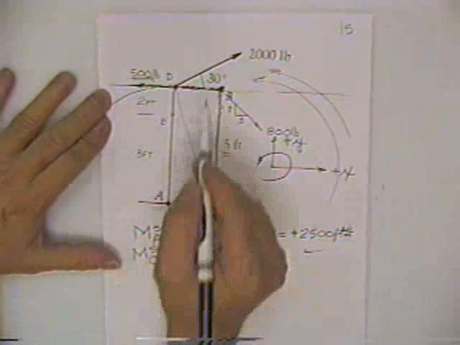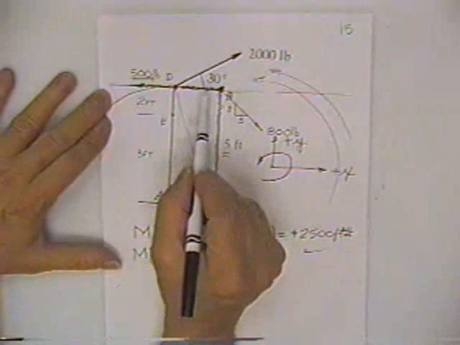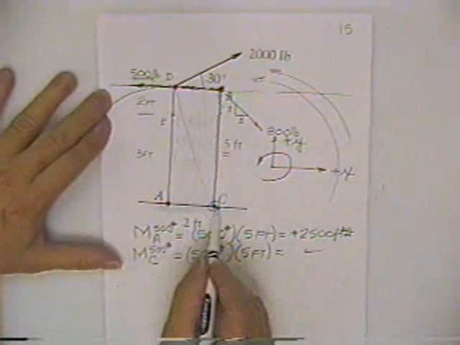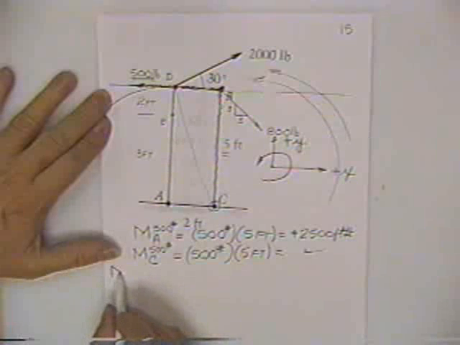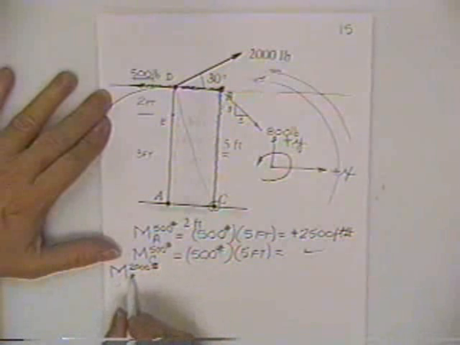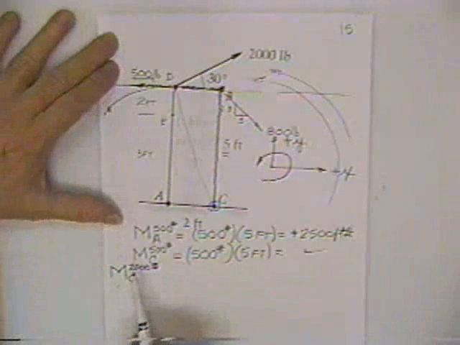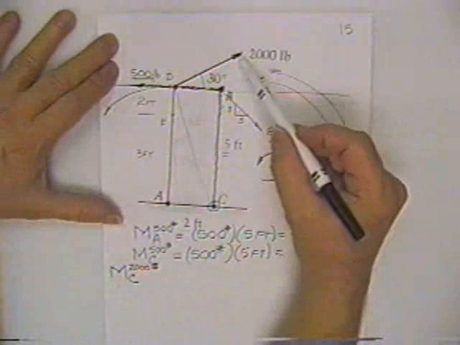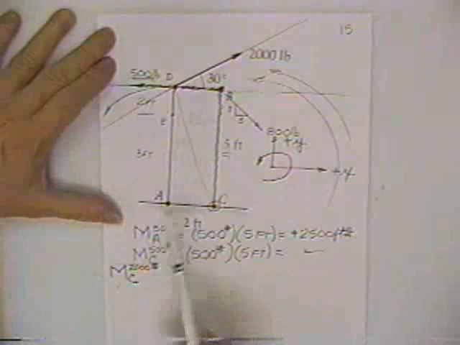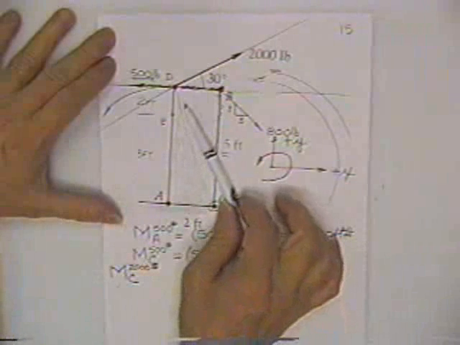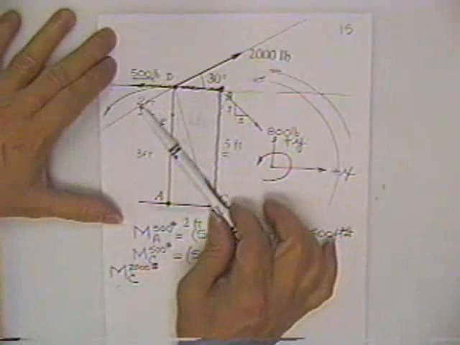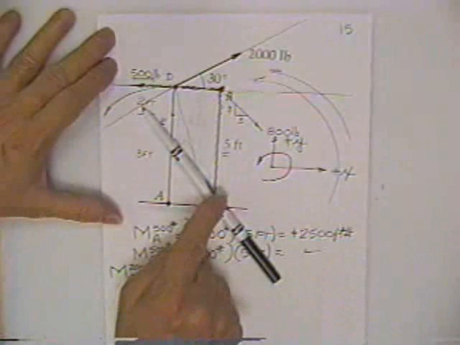Now sometimes your forces will be sloped, and the guy will ask you for the bending moment about point C. So here is the bending moment for the 2,000-pound force about point C. Well, strictly speaking, you should follow the 2,000-pound force to infinity in both directions until you get as close as you ever intend to or are able to point C, and it looks like that's the moment arm right there.